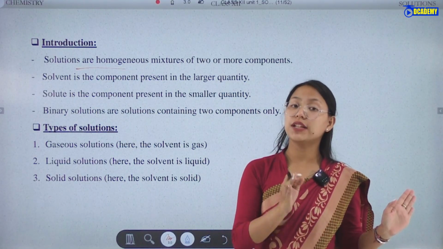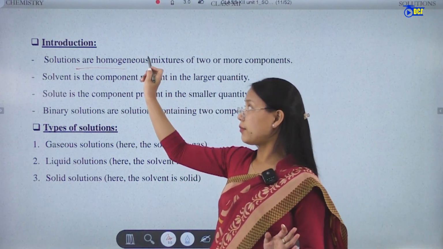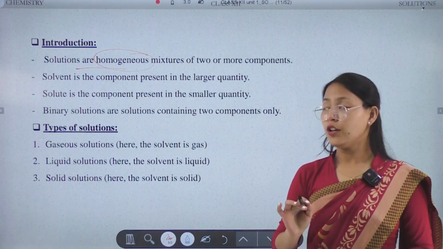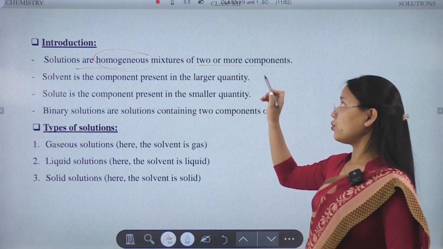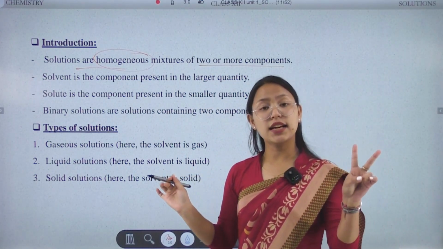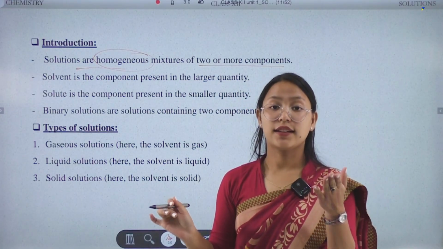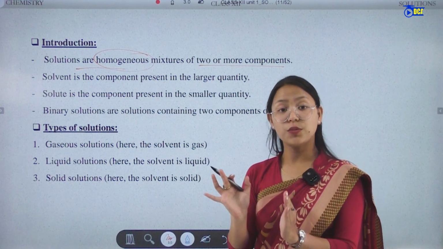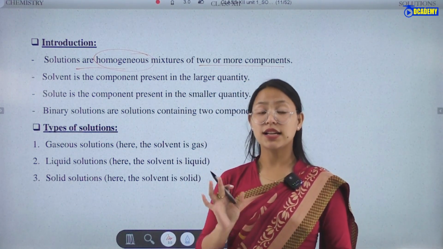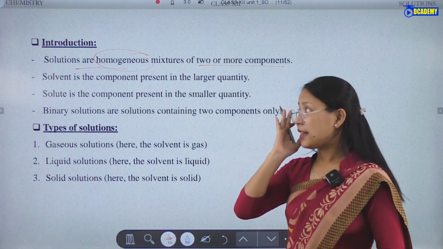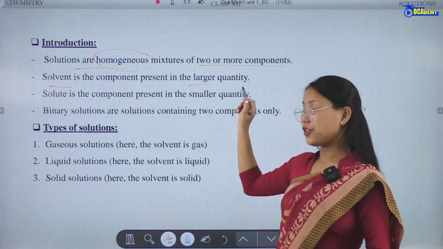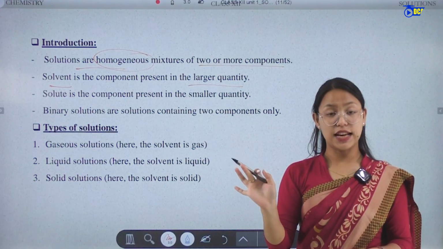But whenever we discuss solutions, it should be a homogeneous mixture of two or more components. When it is uniformly distributed, it becomes a solution.